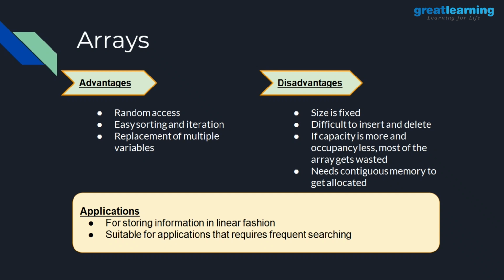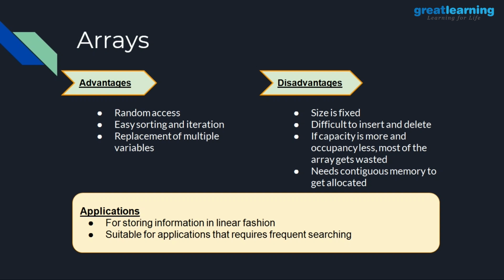And one more thing which I told you earlier is that the memory needs to be contiguous. If there are chunks of memory available but they are not contiguous, as the memory allocation I require to store an array, we can't use them. We can't store the array elements. Its capacity is more, but its occupancy is less.